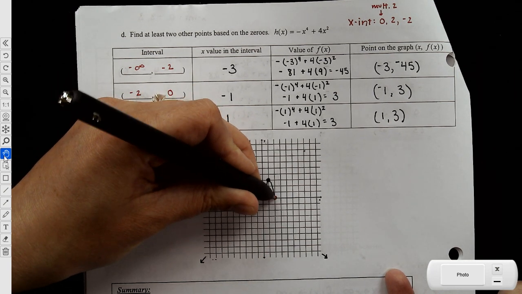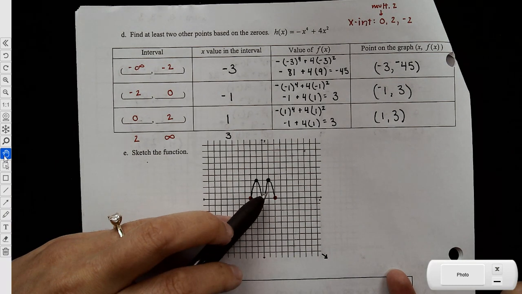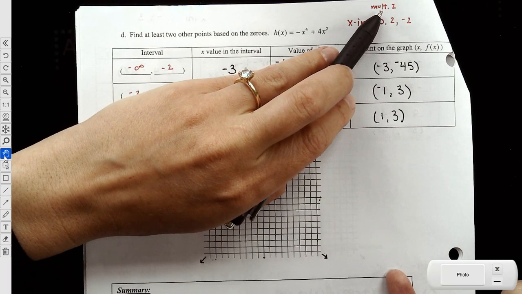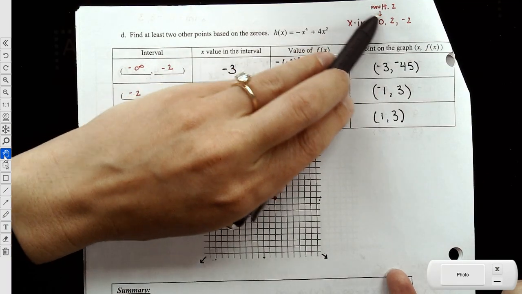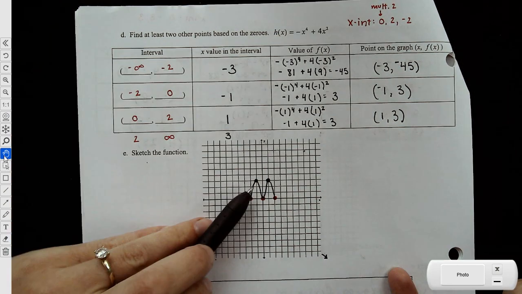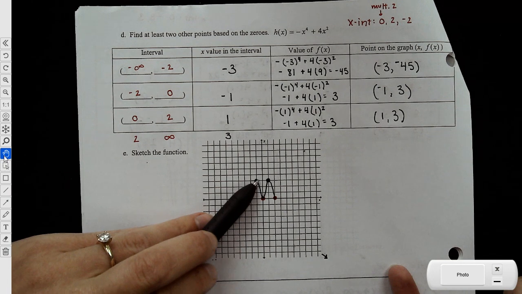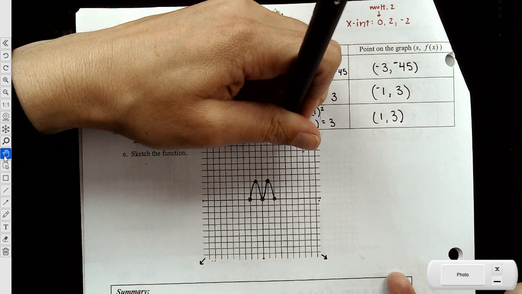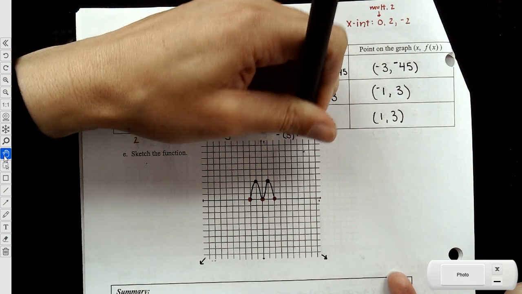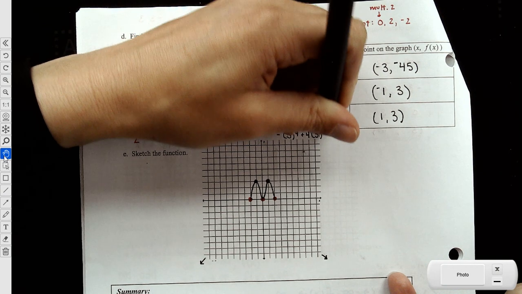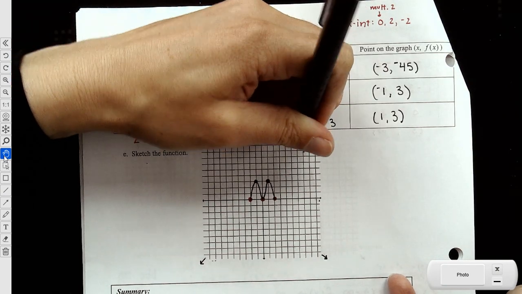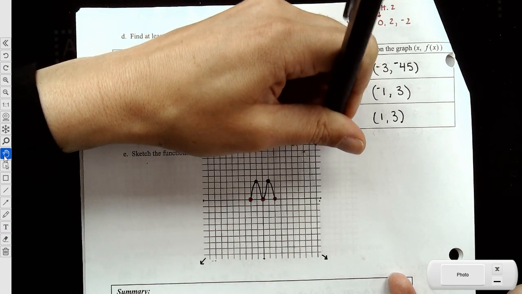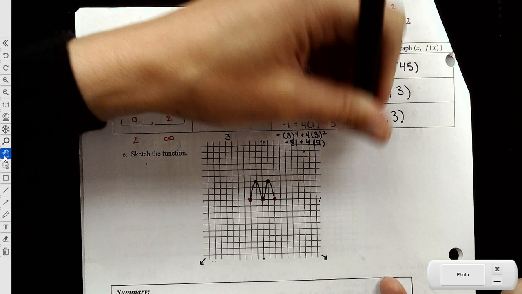so first of all, that makes it even. Second of all, the 0 had a multiplicity of 2. And keep in mind, when you have an even multiplicity, it's supposed to touch the x-axis and bounce off. Notice how this bounces off. Now, if I plug in 3, I'm going to get negative 81 plus 4 times 9, so that's negative 81 plus 36, and I get negative 45.